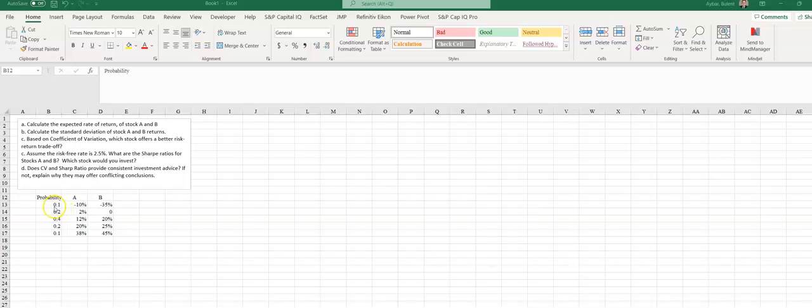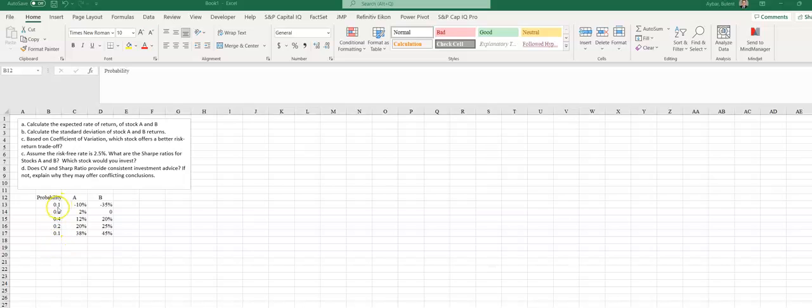So if that is the case, we will multiply the probability and the outcome. But there are many other possible situations that might occur. As you can see, the sum of all of these probabilities adds up to 1. That means that they cover the 100% of the possible situations.